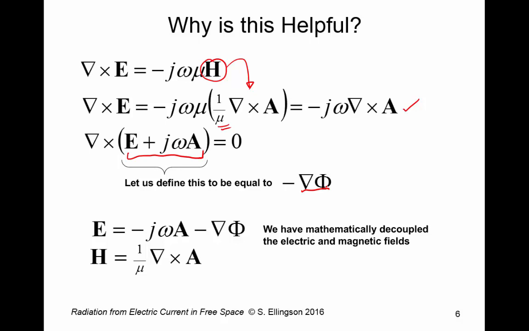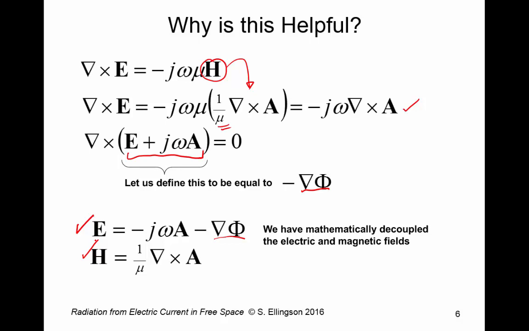If we make that substitution, we can now write the electric field intensity as minus j omega A minus the gradient of phi. And as before, from the defining relationship, we can write H as 1 over mu times the curl of A.